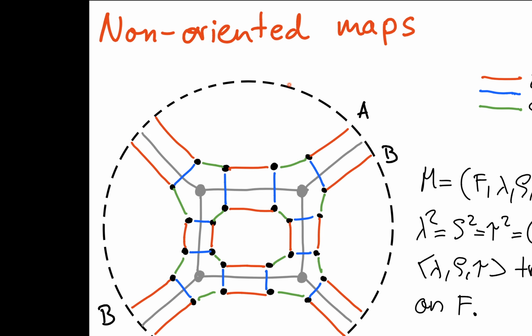So just the last thing, I didn't talk about non-oriented maps, so maps on non-orientable surfaces. So recall that our representation of maps really depends on the orientation of the surface, because every vertex is represented by some cyclic permutation of the darts emanating from it.